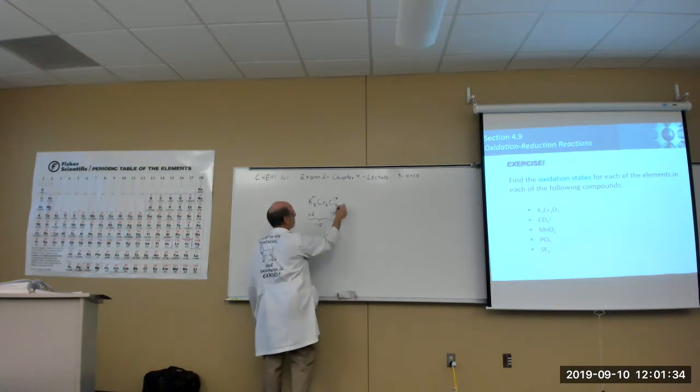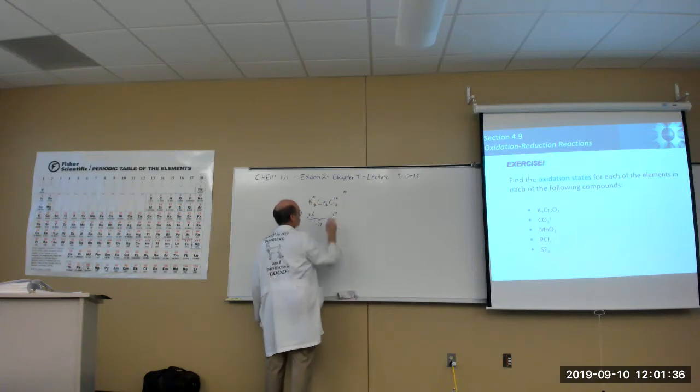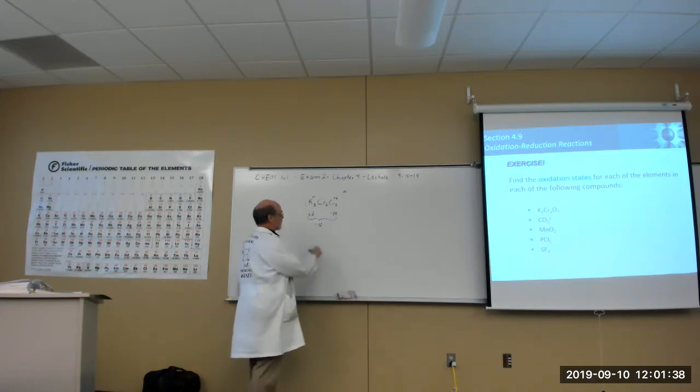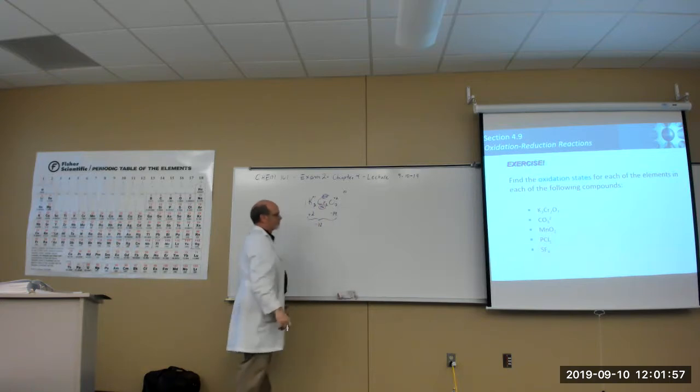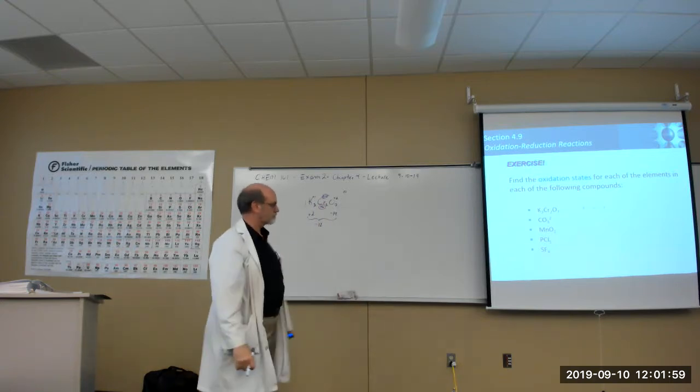That's just for oxygen. So the whole thing is neutral. So that means these have to be positive to balance the negative that's left over from those two. See, +12 has to equal -12. So each one of those chromiums, that's the total. So each one is +6. Okay?